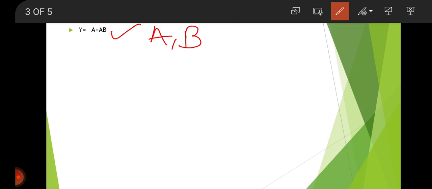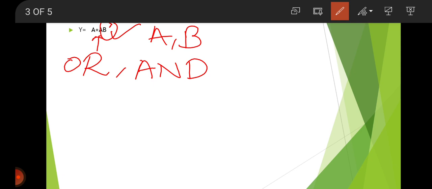So in this Boolean expression, one is the OR operation, and second here is A into B, or A and B. Therefore the AND operation is present. Therefore two operations are present here, OR and AND, and two variables, A and B.